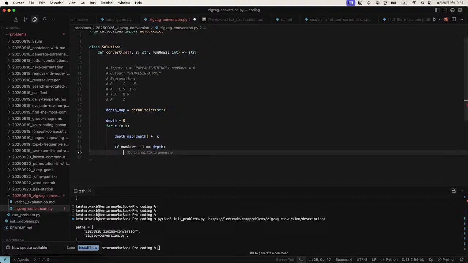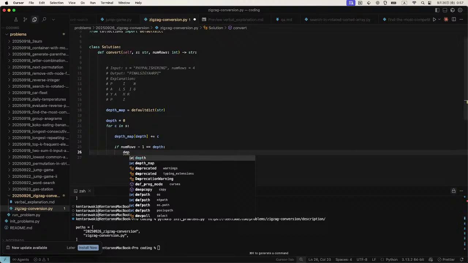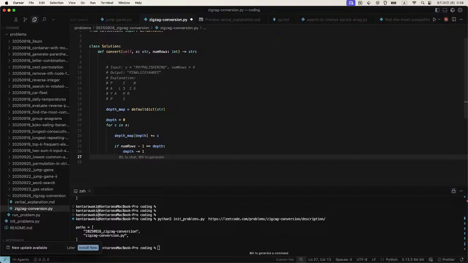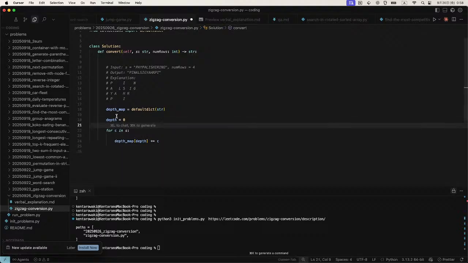The depth should be decremented, and no, it should have directions, so going positive or going negative.